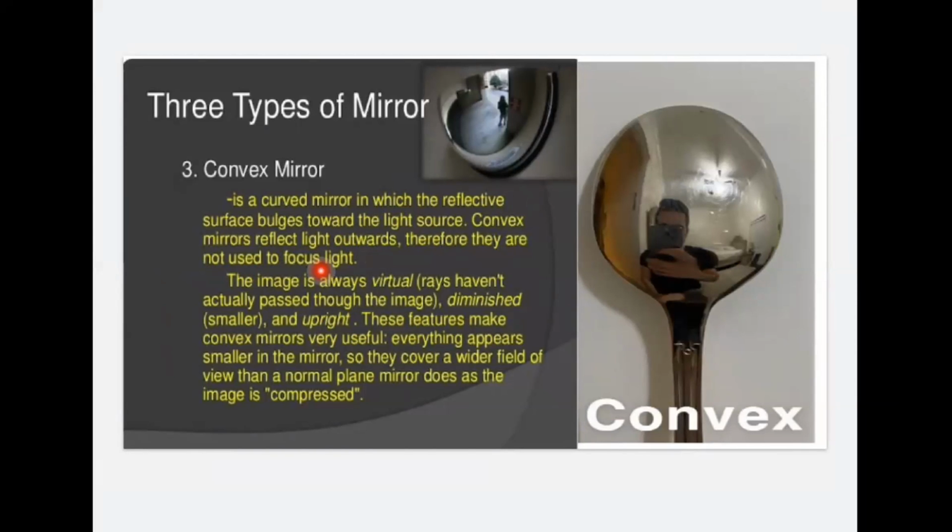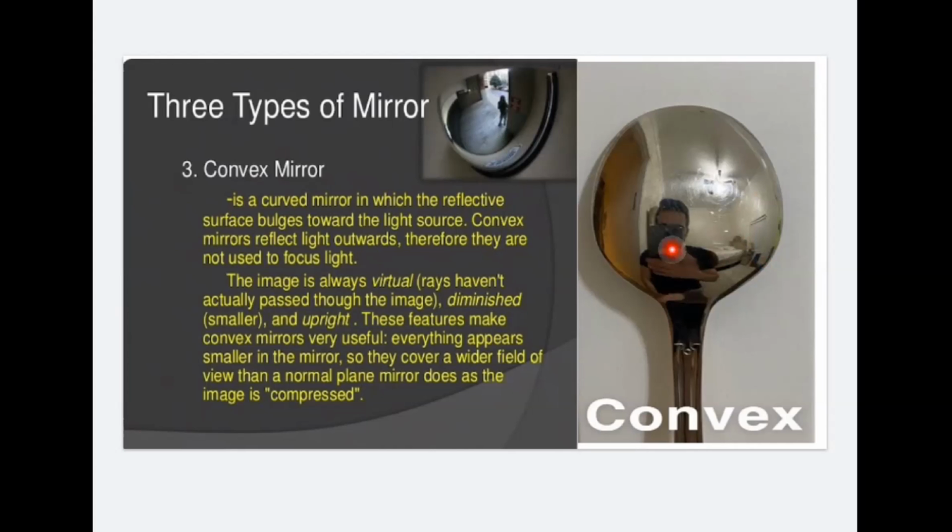Instead, they give out the light in all possible directions. Now, with the same example, the spoon is bulging outward, and the same person is standing and trying to take the selfie.